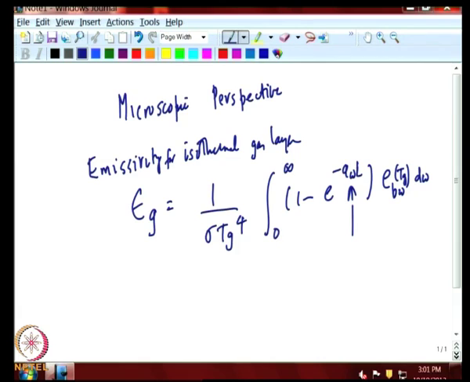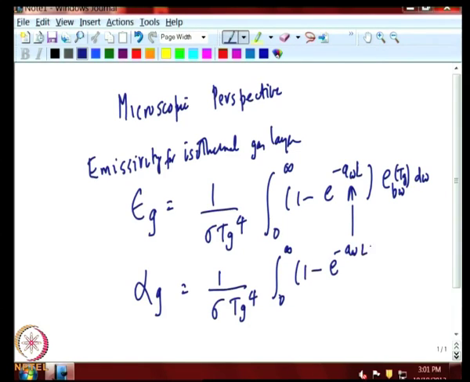On the other hand, if you want to have absorptivity of radiation coming from a black body, then we need to know the source temperature, and then we can ask how much of this radiation emitted by that source at that temperature is actually absorbed by the gas.